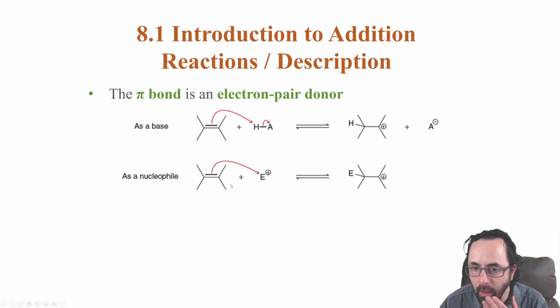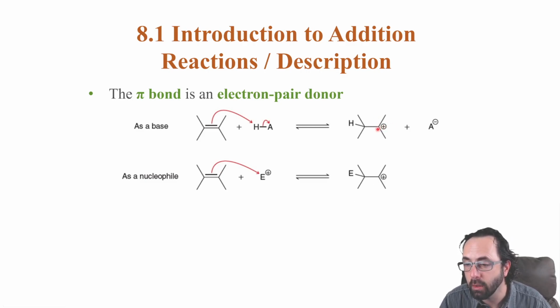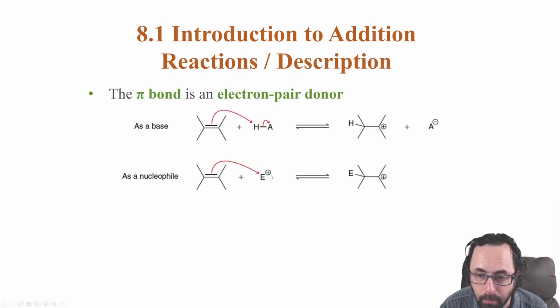In either case, we end up with a carbocation intermediate, so these are subject to carbocation rearrangements, and the carbocation will want to be on the more substituted carbon. So when we're doing a proton transfer like this, the proton will generally go on the less substituted carbon.